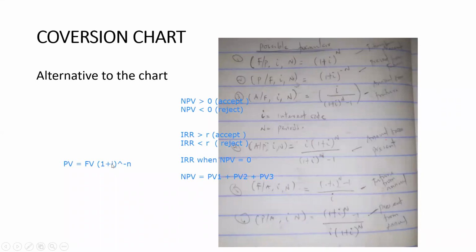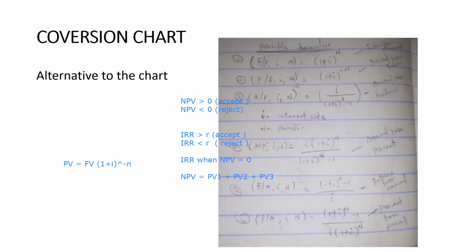So for your PV1, you have FV1 into bracket 1 plus I all raised to power minus 1. Your PV2 will be FV2 into bracket 1 plus I all raised to power minus 2. Your PV3 will be equal to FV3 into bracket 1 plus I all raised to power minus 3. So you do that for each year.